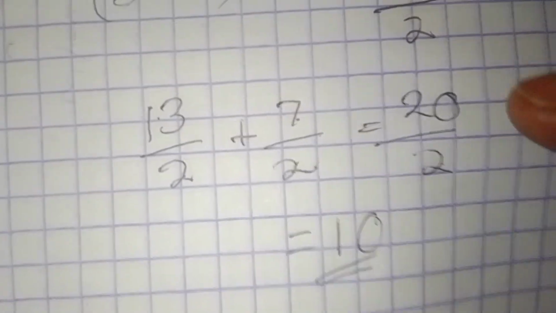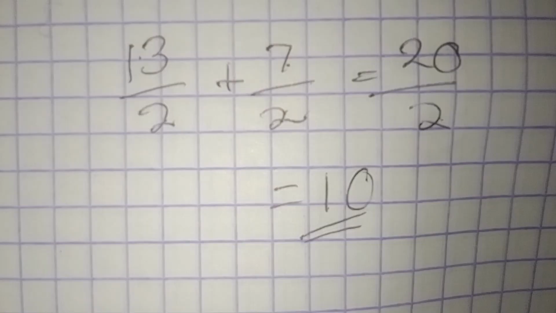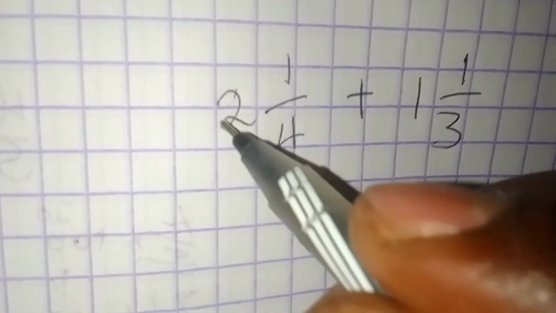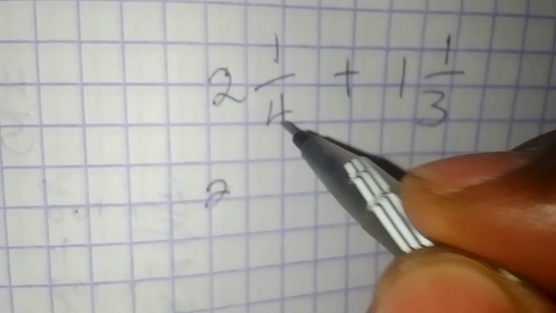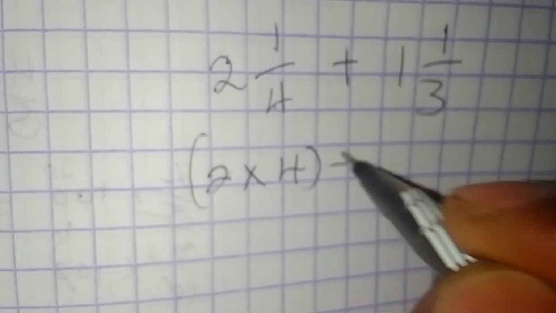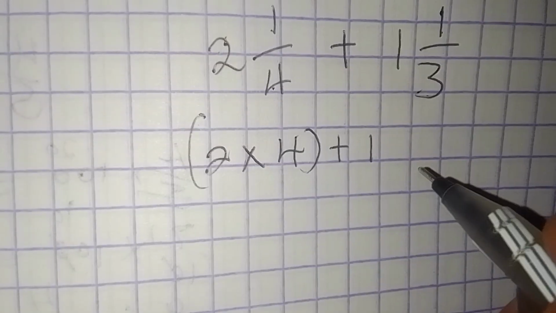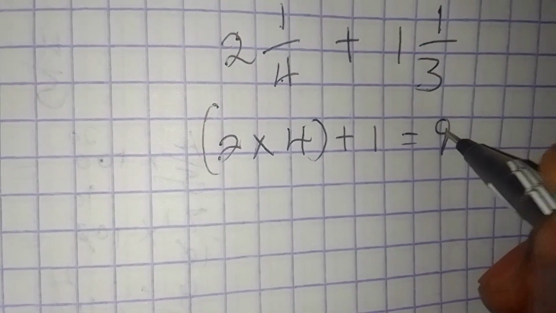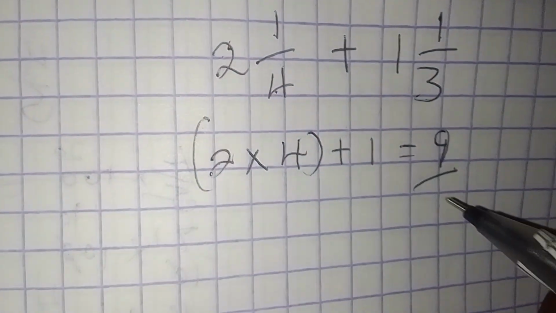We can try another question on mixed fractions. For example, you can get 2 and a quarter plus 1 and a third. So you convert it first to an improper fraction by multiplying the whole number by the denominator, and then you add the numerator, which is 1. So it becomes 2 times 4 is 8 plus 1, 9, over the denominator, which is 4.